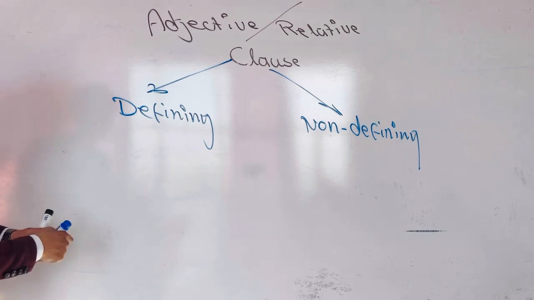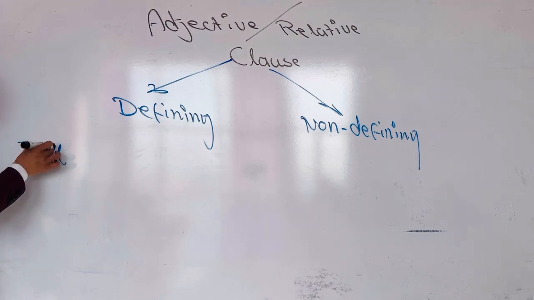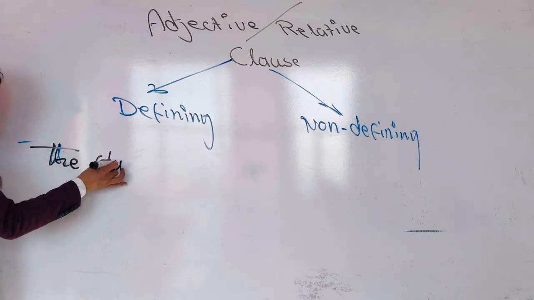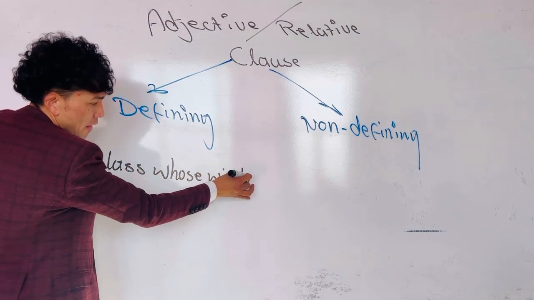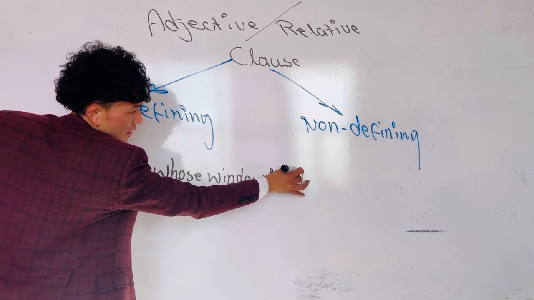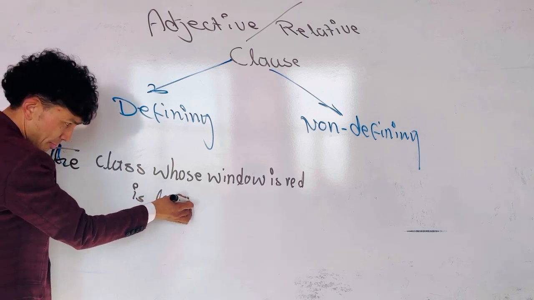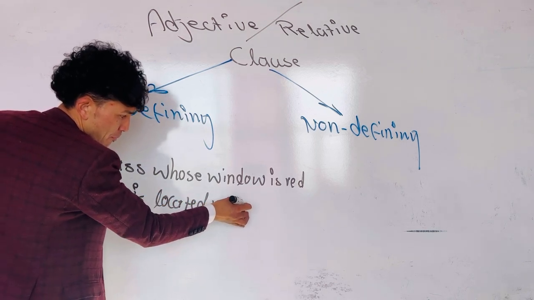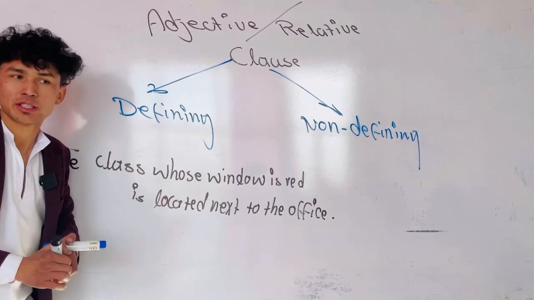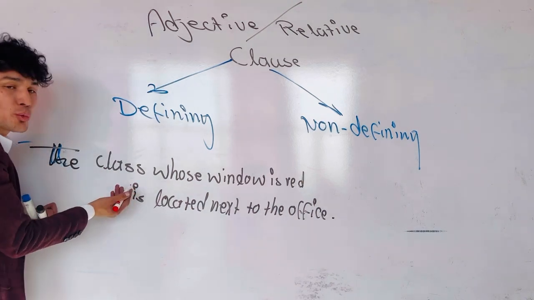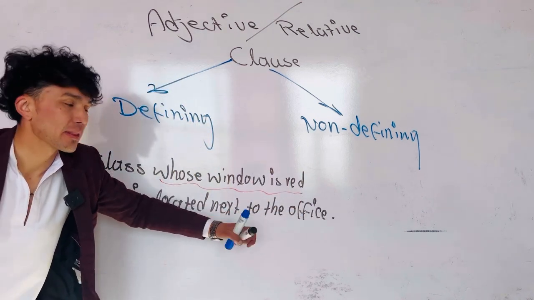For example, somebody says, okay, the class whose window is red is located next to the office. Look at this one. Now the class, which part do you think is the adjective class? Whose window is red is located next to the office.